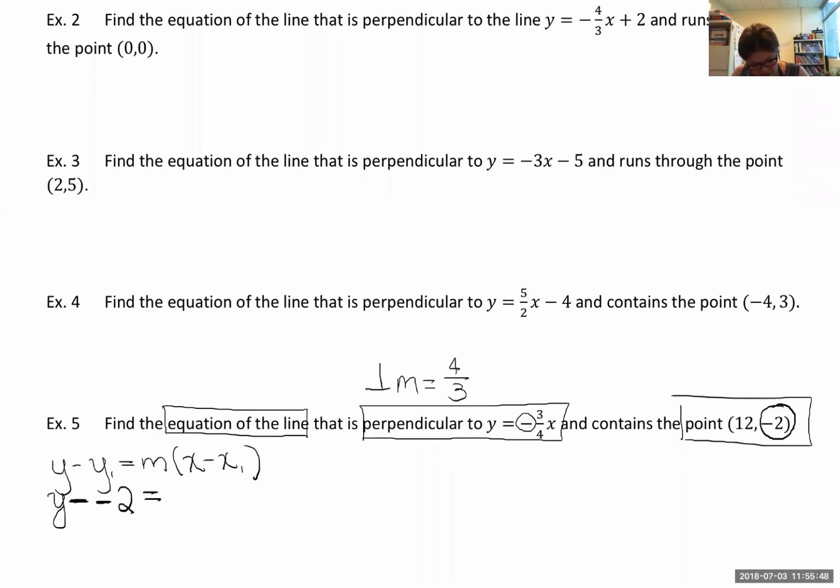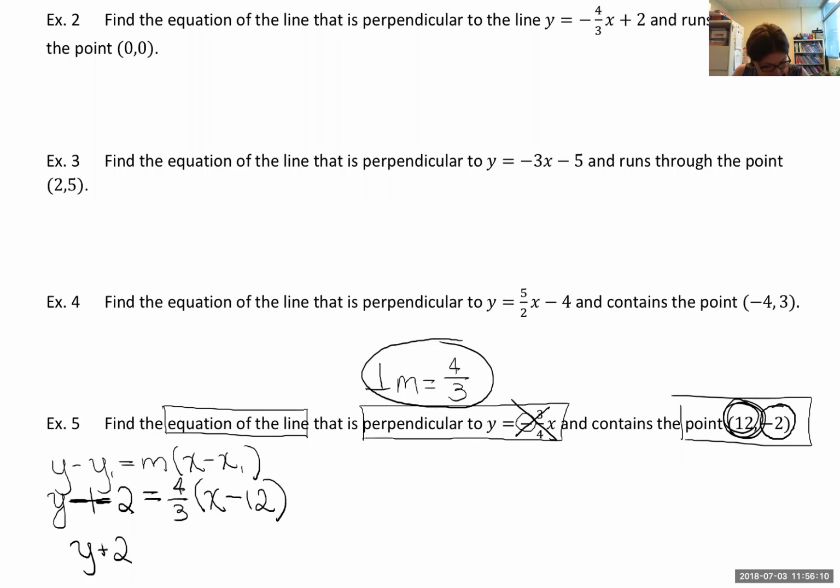This guy had a slope of -3/4, so my perpendicular slope will be +4/3 times the quantity of x minus x1, my x value of my point, which is 12. Great. This time we do have some simplifying on the left-hand side. Minus minus turns into plus, so this guy turns into y plus 2.